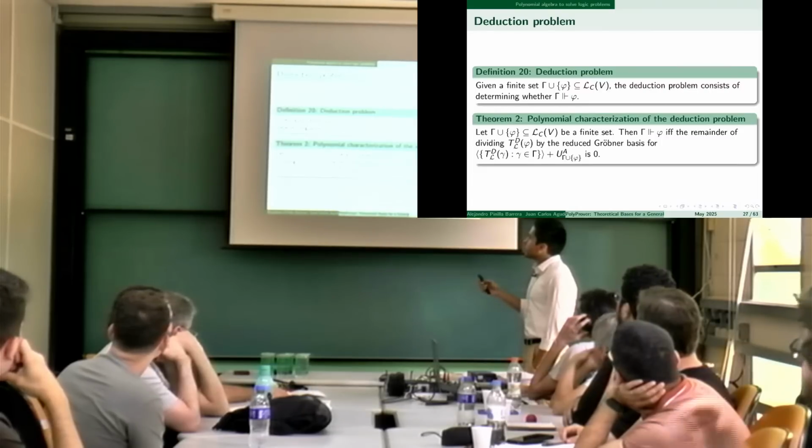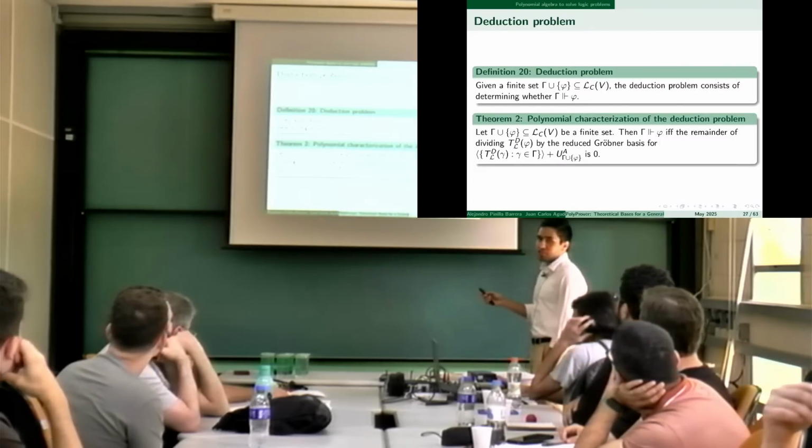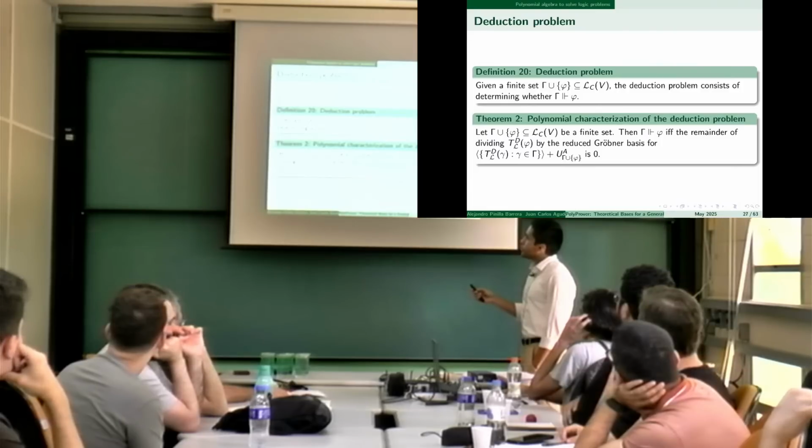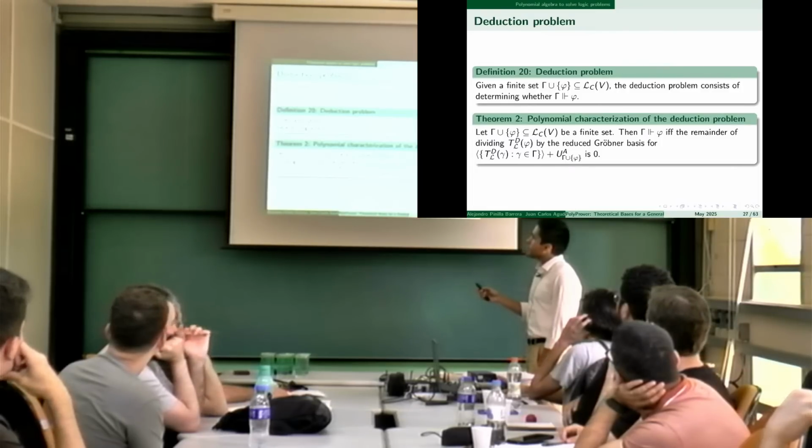So we just have to divide polynomials and see if the reduced Gröbner basis has a remainder of 0.